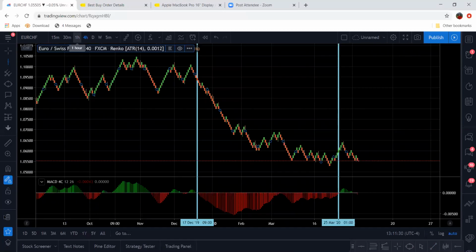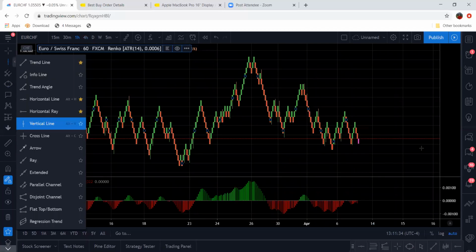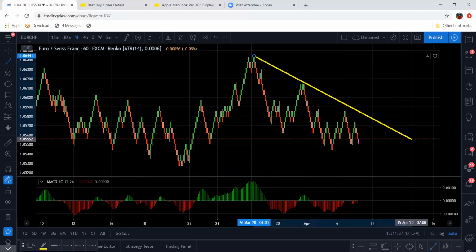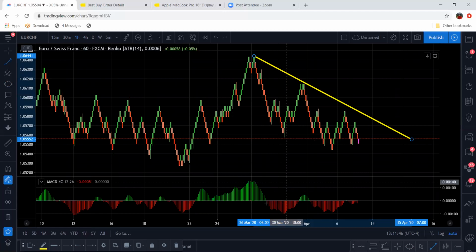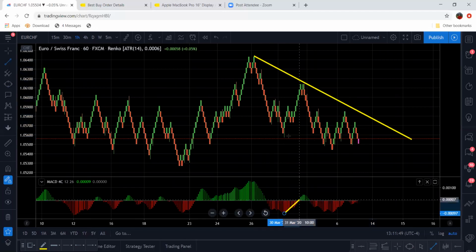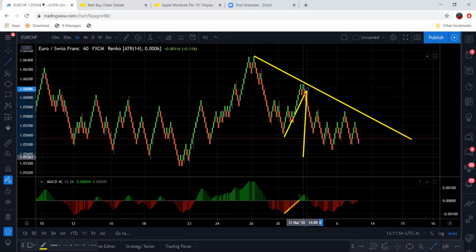So I tend to use the smaller time frames when it comes to Renkos, but all other rules still apply, right? I'm still going to identify my overall trend. So trading Euro Swiss franc, I realized, okay, we're in this downtrend, right? And I'm only going to jump into a sell once my MACD pulls back to that zero line and I get some bullish momentum, right?